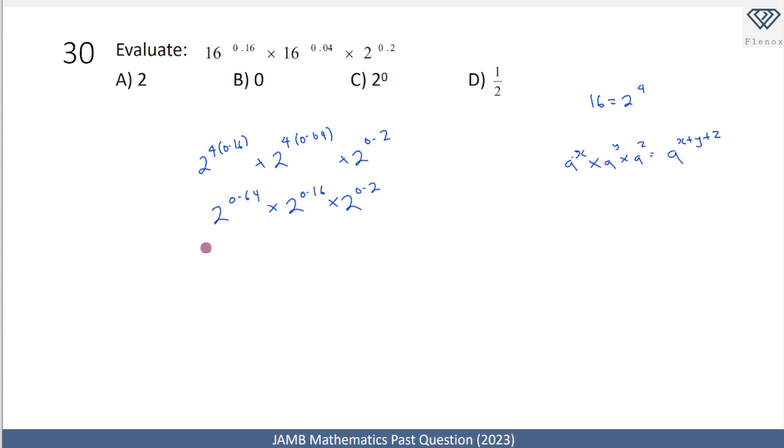So we apply that law over here, and that becomes 2 to the power of 0.64 plus 0.16 plus 0.2. Now 0.64 plus 0.16 is 0.8, 0.8 plus 0.2 is 1. So this is the same thing as 2 to the power of 1, and that is the same thing as 2, making the correct option to this question A.